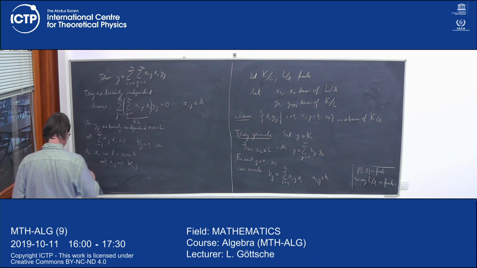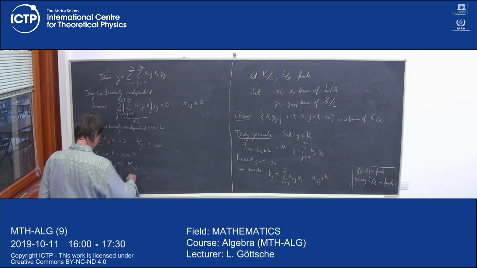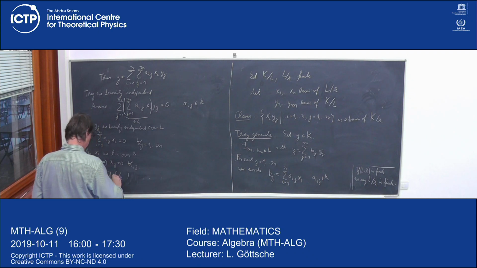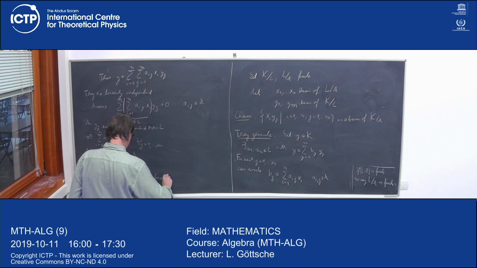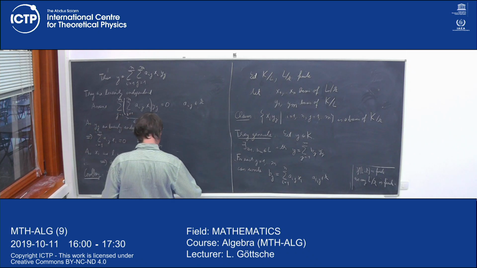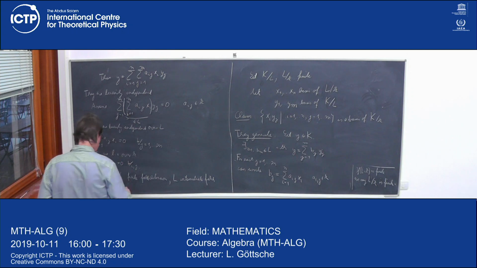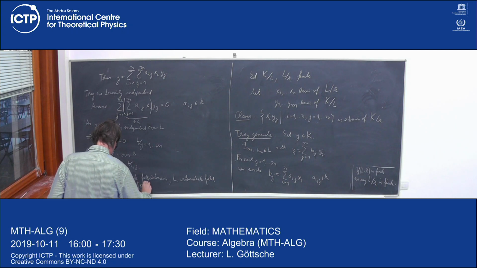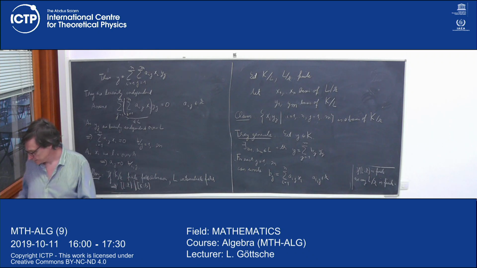For instance, we have the corollary: if L over K is a finite field extension, and L is an intermediate field, then, as follows from the theorem, the degree of L over K must divide the degree of the large K over K. So in particular, if the degree of this field extension is a prime number, there can be no non-trivial intermediate field.